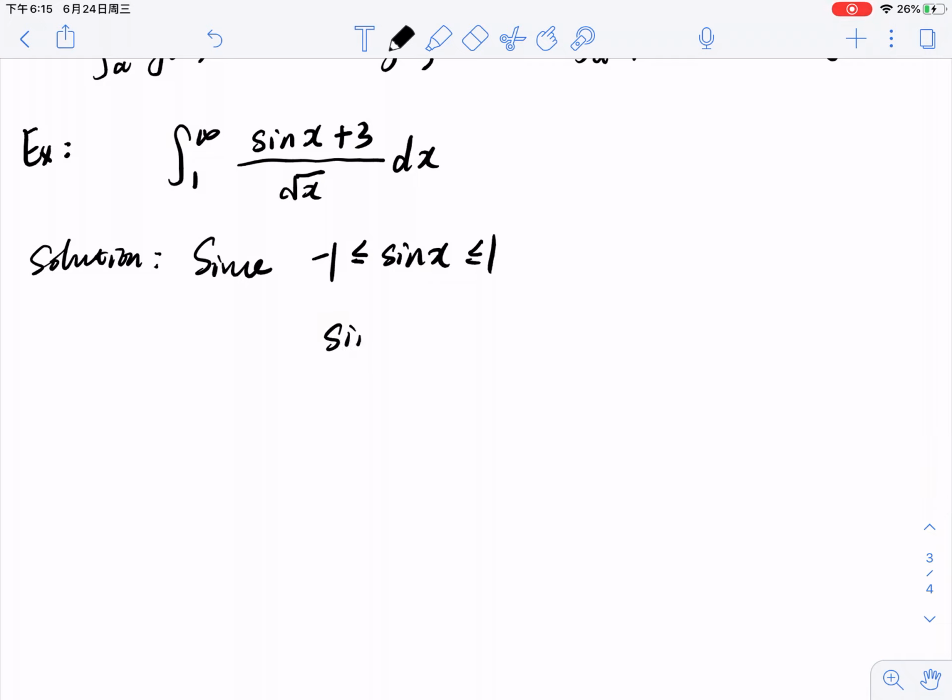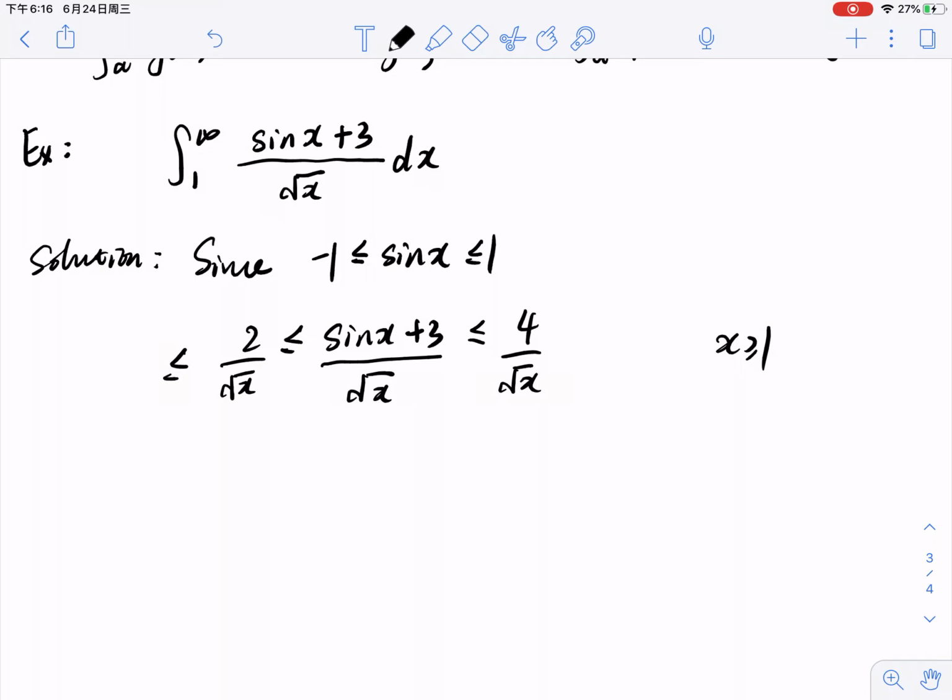So sin x plus 3 is less than or equal to 4 and greater than or equal to 2. Then divided by the square root of x, here x is greater than or equal to 1, so we keep the direction. This is greater than or equal to 0.